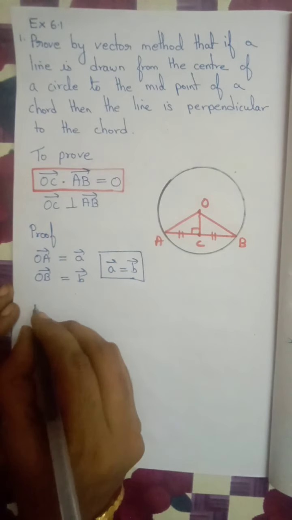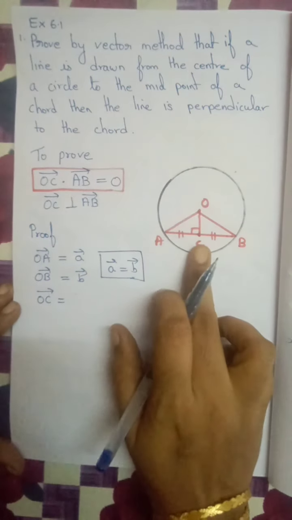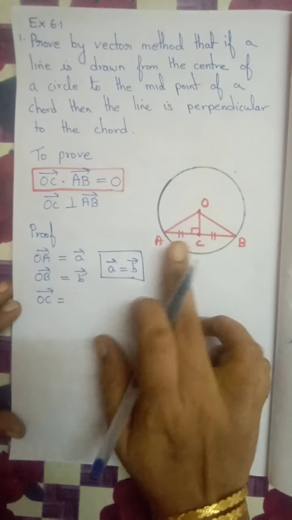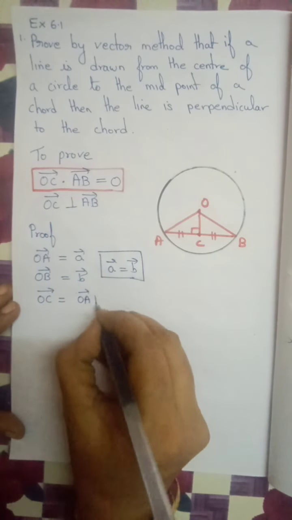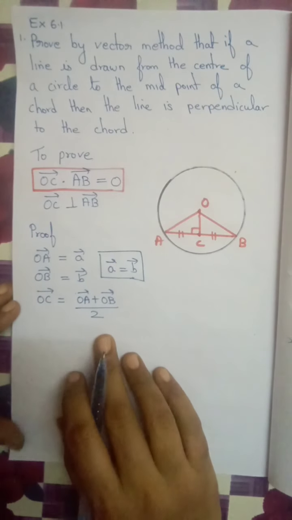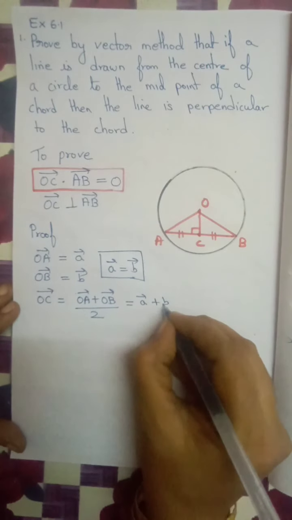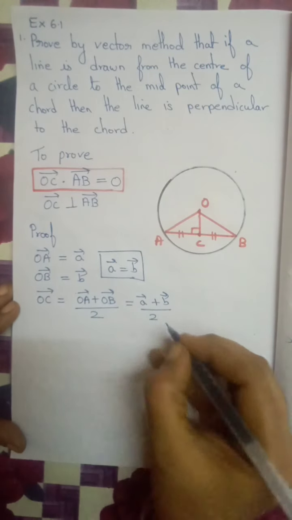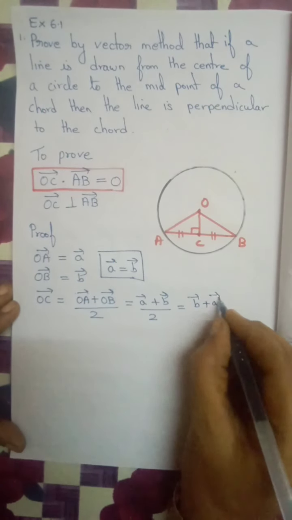Now we know one more thing, C is the midpoint of AB. We have learned in 11th, if C is the midpoint of AB, I can write OC vector as OA vector plus OB vector by 2. We have studied this in 11th. So I can write this as A vector plus B vector by 2, or I can write this as B vector plus A vector by 2.